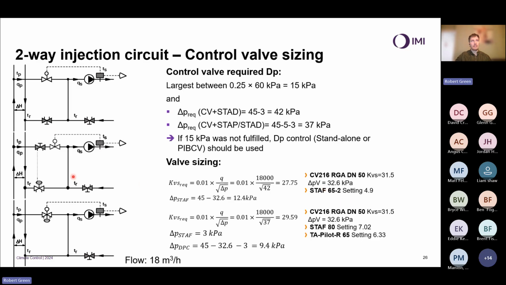For my differential pressure control circuit, we're now using the figure of 37 kilopascals. It ends up we're going to select the exact same valve here, and we also need to select a differential pressure control valve and a balancing valve for 3 kilopascals, and just calculate what the differential pressure control valve takes out.